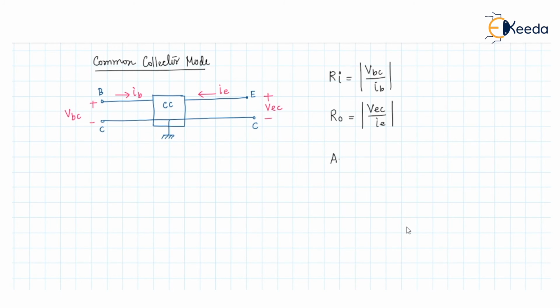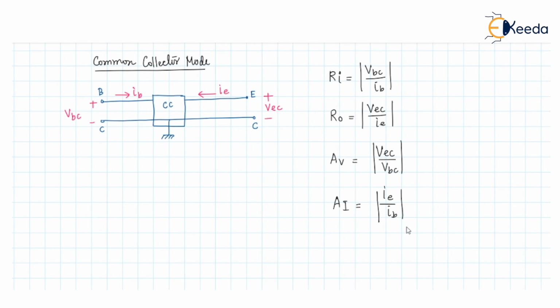Similarly, the voltage gain will be the output voltage VEC divided by VBC. And similarly, we can find the current gain. The current gain will be the output current, that is the emitter current, divided by the base current.